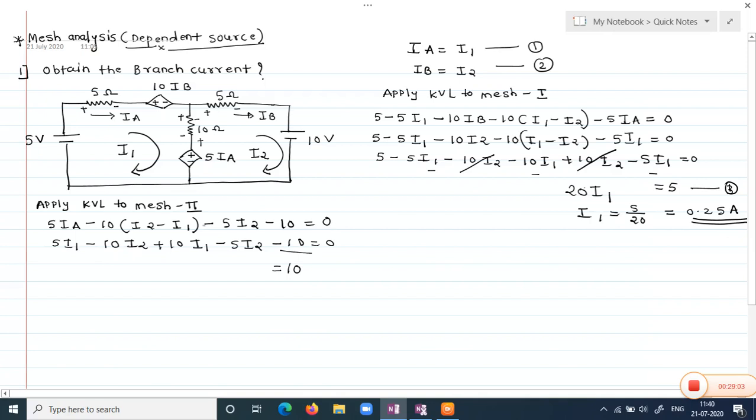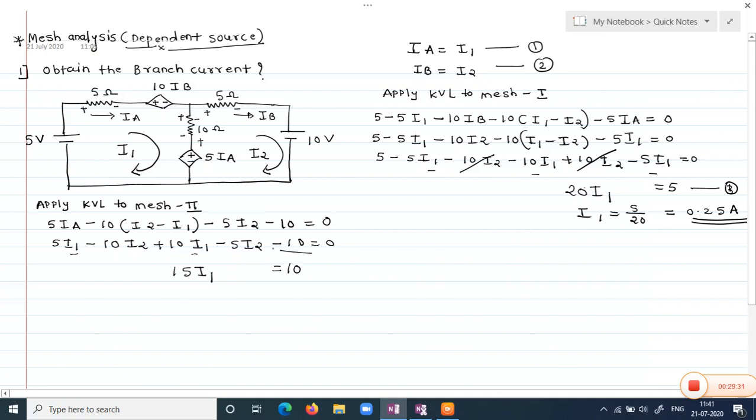So we'll find out what I1 is present in the equation. I1 is 5 I1, 10 I1, means you will get plus 5 I1 plus 10 I1, you will get 15 I1. We have not changed any sign, right?